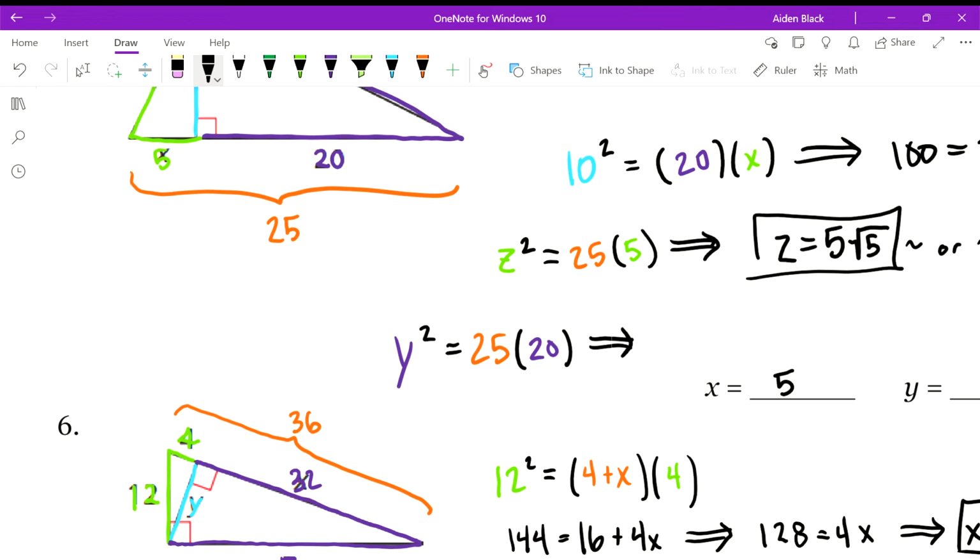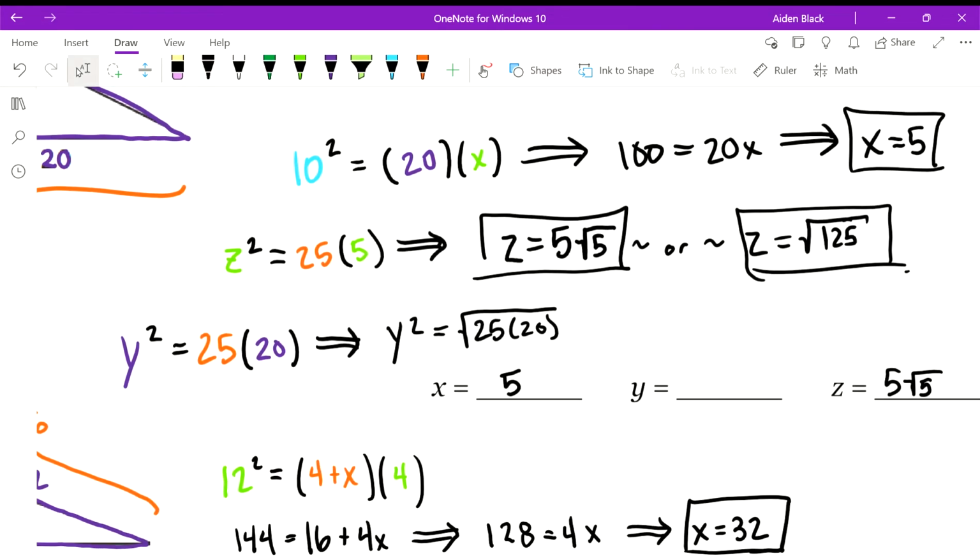So y squared is equal to 25 times 20. And if you did it this way without multiplying those, then you would be pulling out the 5 from 25, because the square root of 25 is 5. But let's see what happens if I actually multiply these.